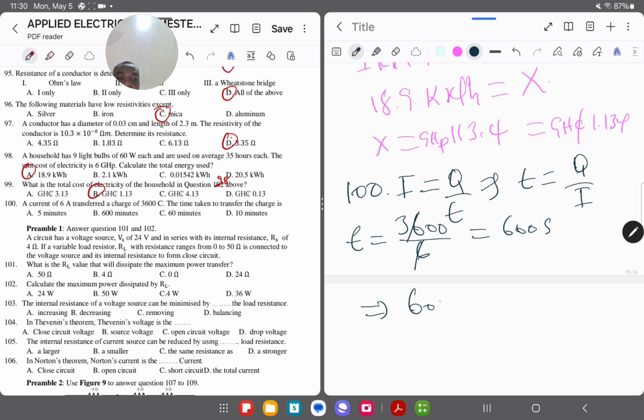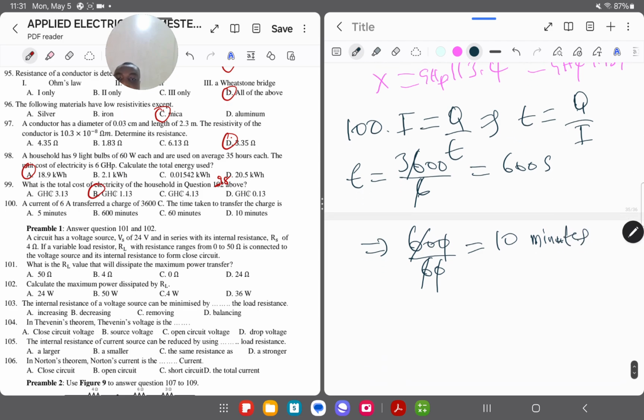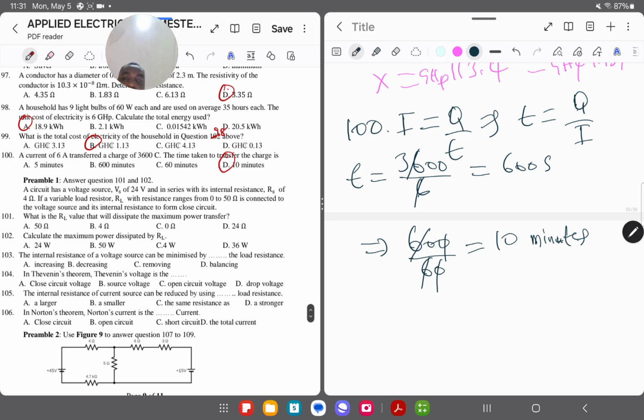So just 600 divided by 60. So you get the answer to be 10 minutes, which is D. That is for question 100.